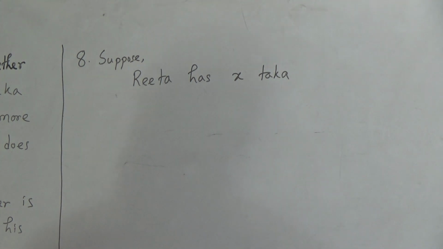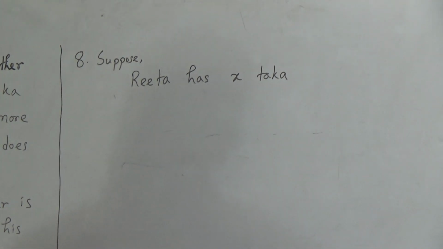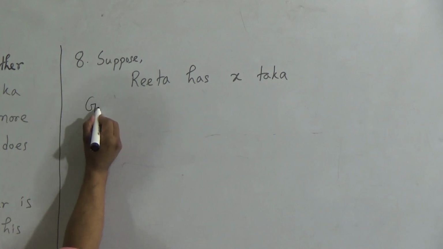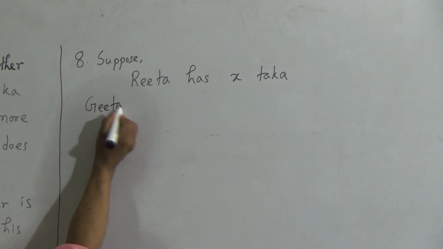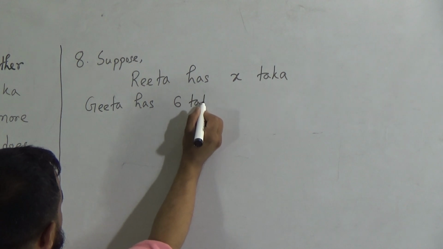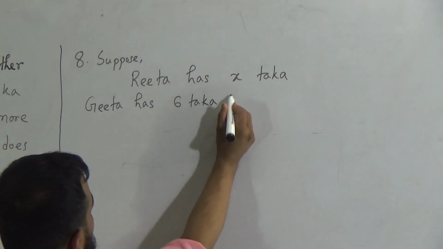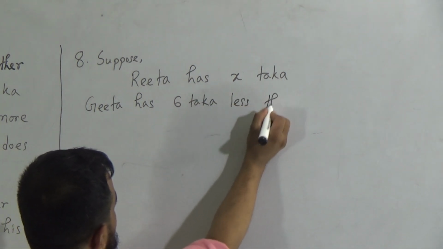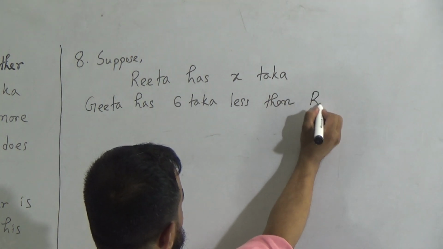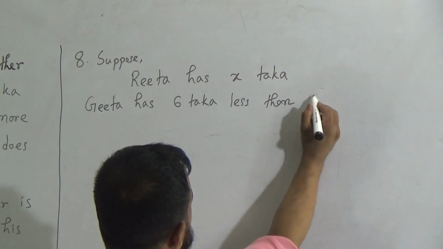So Geeta has 6 taka less and Mita has 12 taka more than that of Rita. So we can find out Geeta. The question says that Geeta has 6 taka less than Rita.